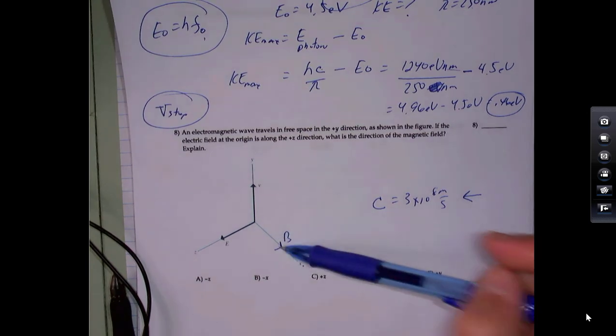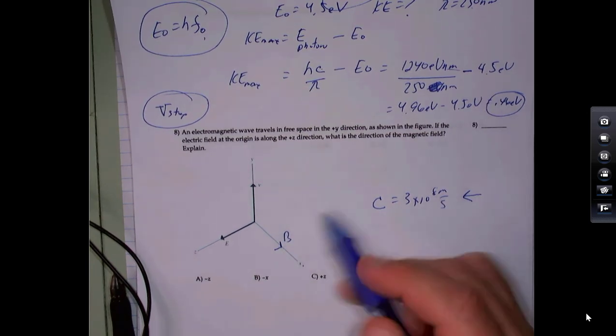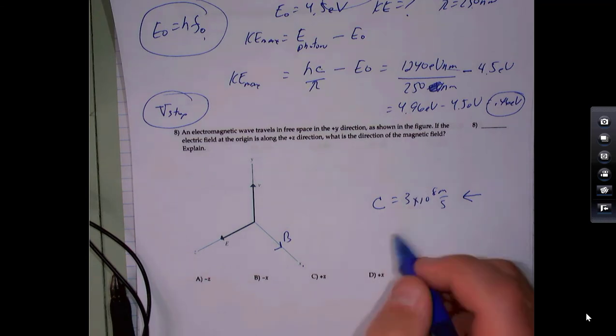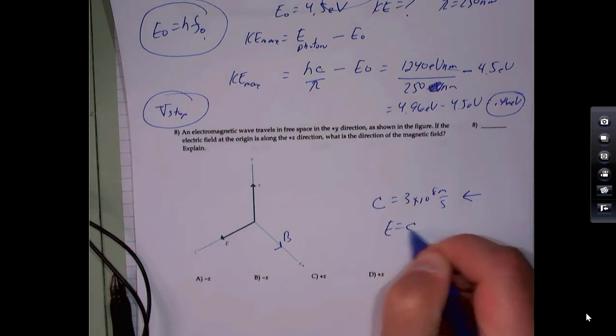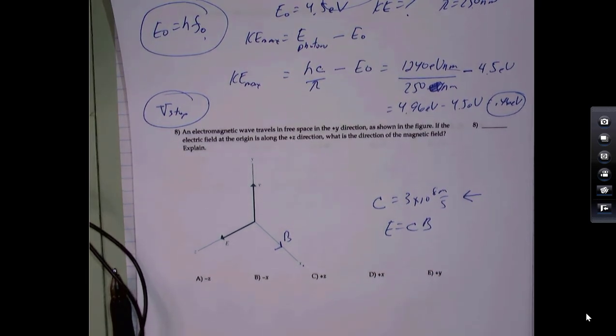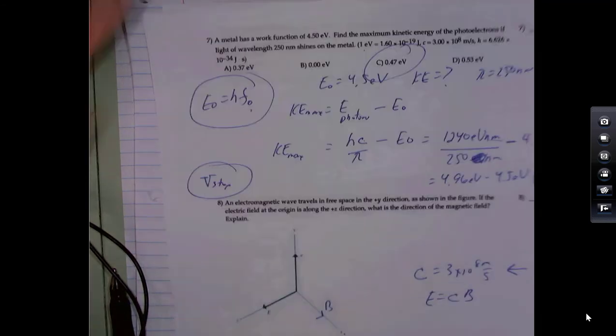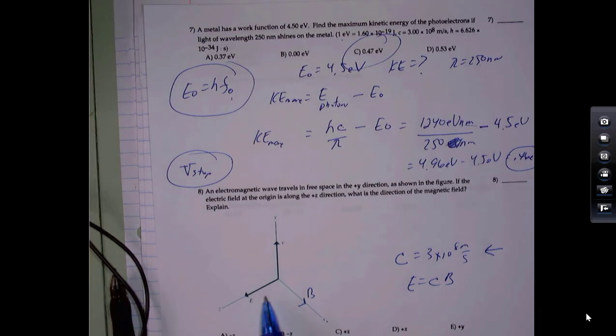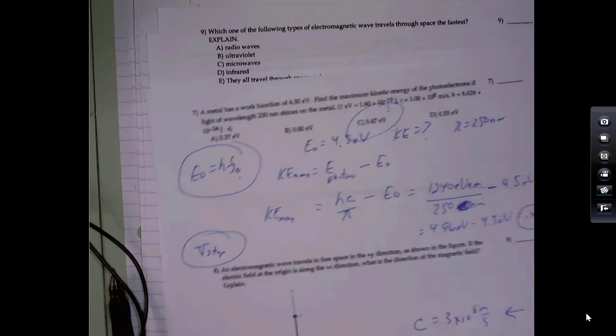And you know how the electric field and magnetic field parts are related to each other: the electric field part is the speed of light times the magnetic field part. They actually have the same amount of energy. It just looks like B is way smaller. It's just the choice of units that we have. So make sure you're familiar with that. As far as explaining goes, I would just say the electric field is always perpendicular to the magnetic field, and E cross B gives you the direction that it's moving.